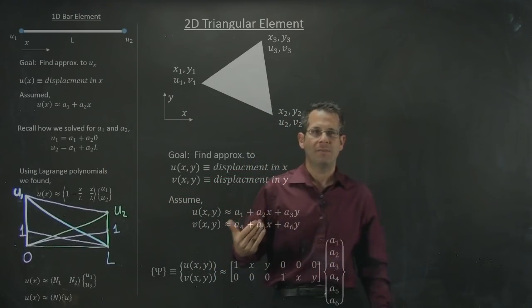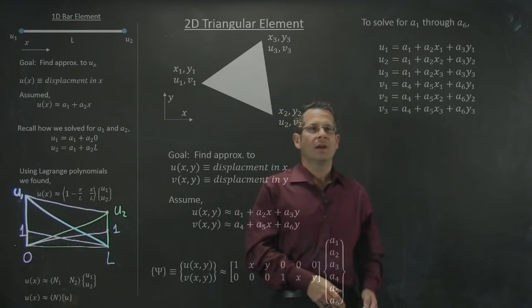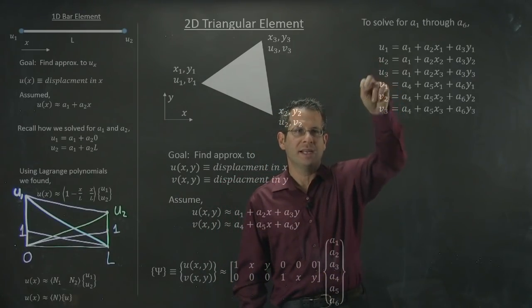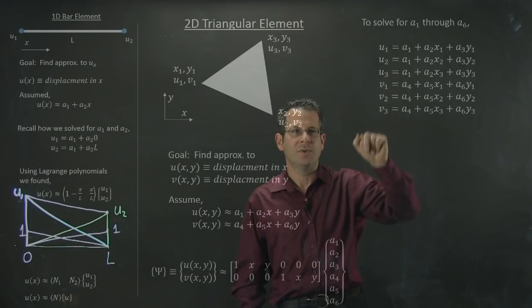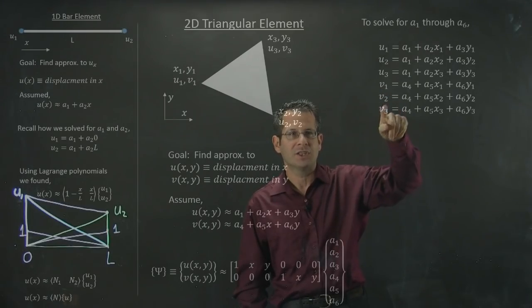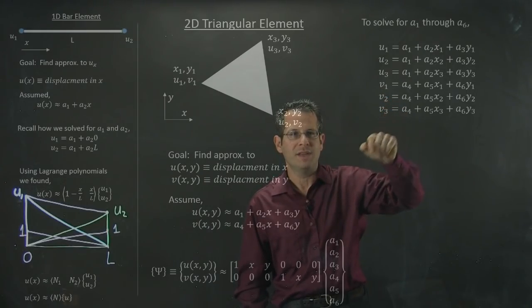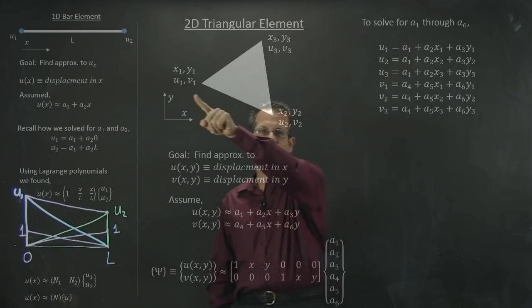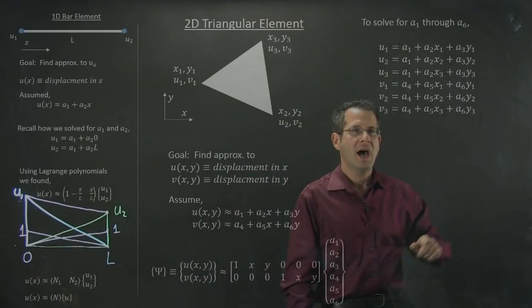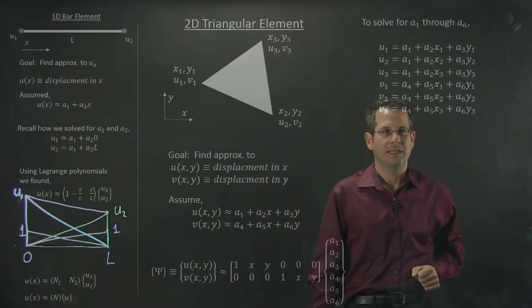I can do the same thing here. Assuming that I know my displacements u1, u2, and u3, and my displacements in the y direction, v1, v2, and v3, at the vertexes where I know the values of x and y, I end up with 6 equations and 6 unknowns.